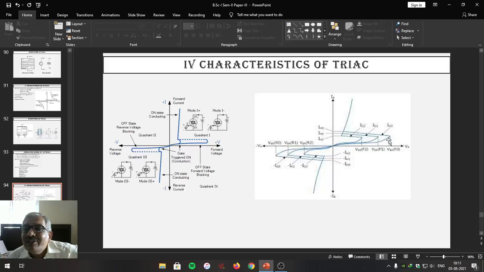For less gate current, the forward breakover voltage is more, firing angle is more, and conduction angle is less. When you increase the gate current, naturally the forward breakover voltage reduces. This is the conclusion which we are drawing from the graph. Increasing gate current decreases the forward breakover voltage.